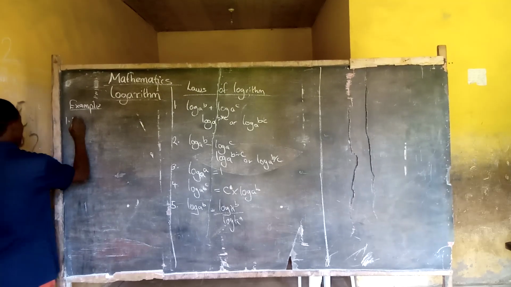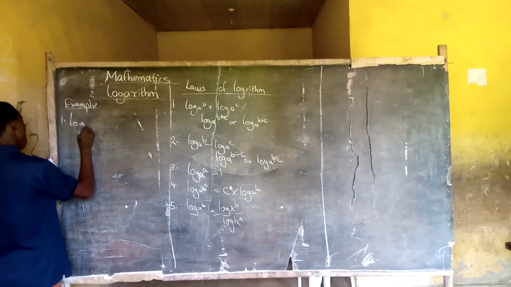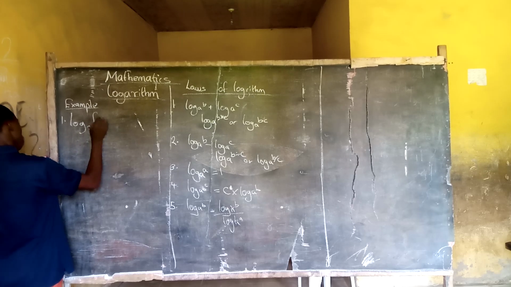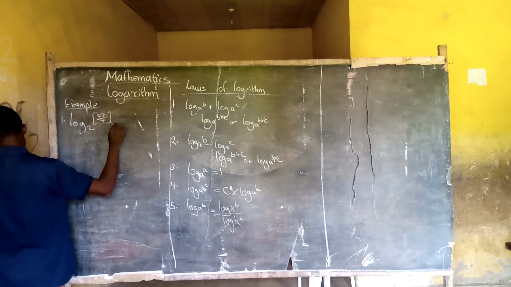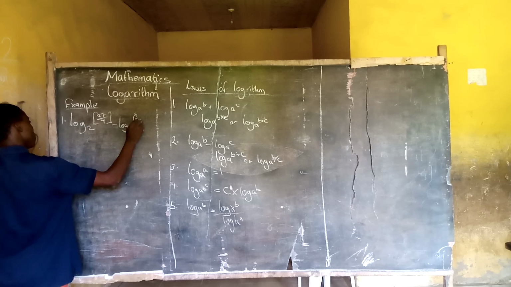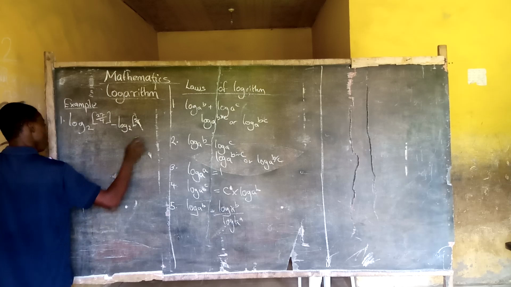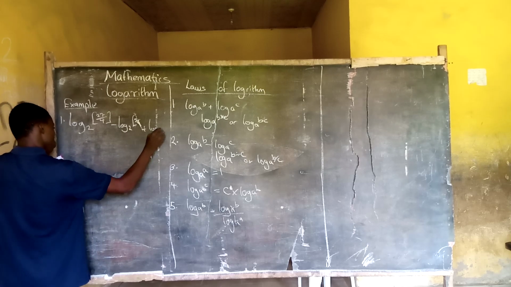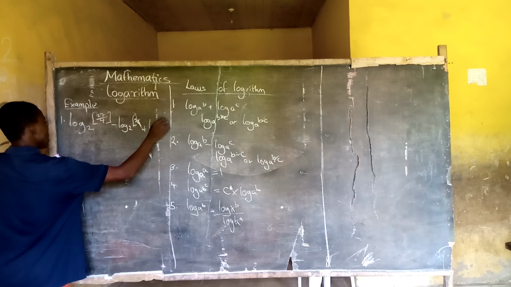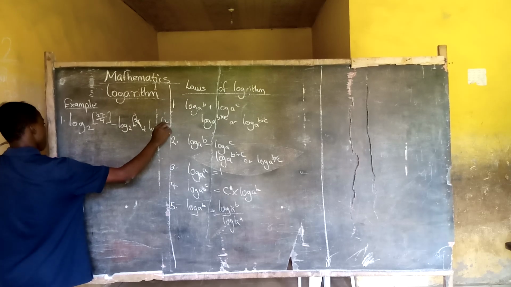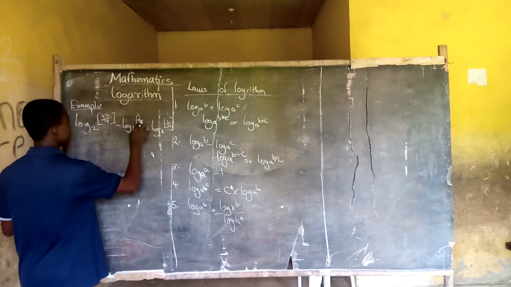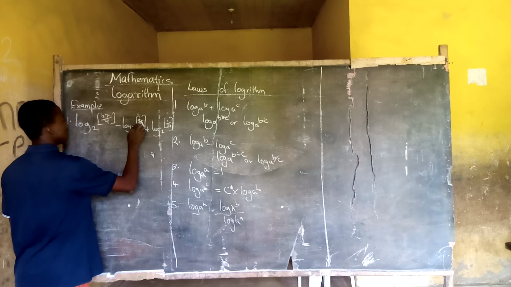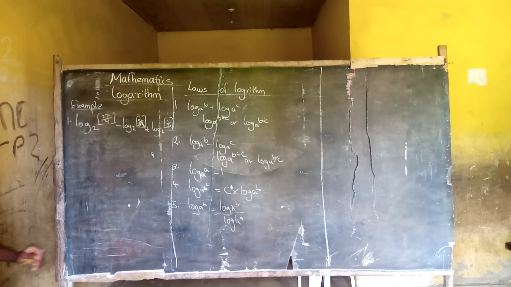Log to base 2 raised to power 27 over 4, then minus log to base 2 raised to power 9 over 8, then plus log to base 2 raised to power 1 over 24. There is a problem here given for us to solve on logarithm.